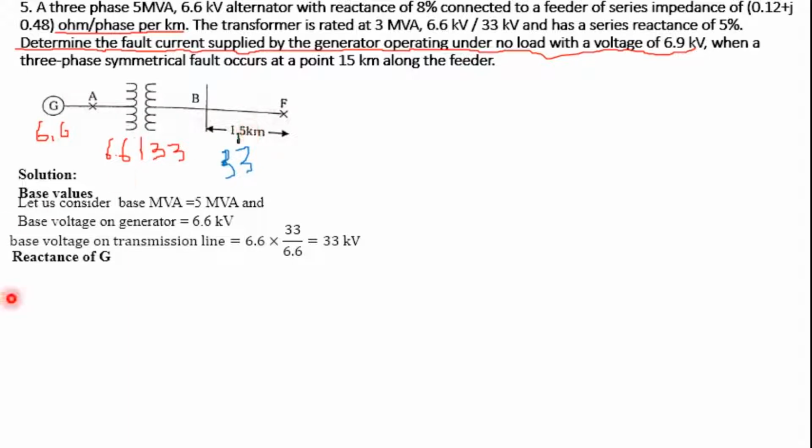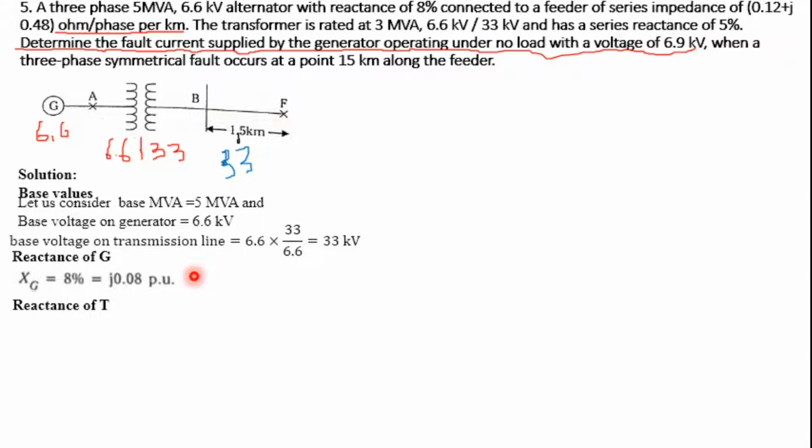For the generator, the formula is X_pu new = X_pu old times (MVA base new / MVA base old) times (kV base old / kV base new) squared. Here the MVA rating is 5 MVA both old and new, and the voltage old and new values are the same, so everything cancels and you get 8% directly. Hence it is j0.08 per unit. Or else, if you want, you can write out the equation and go for it.